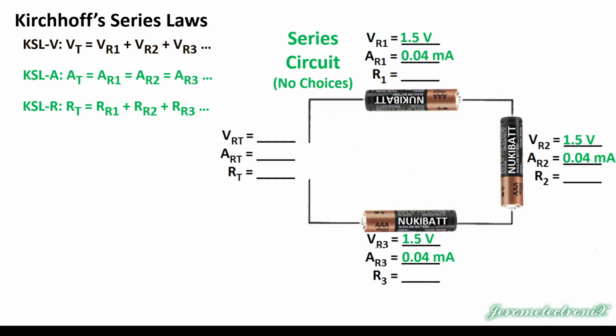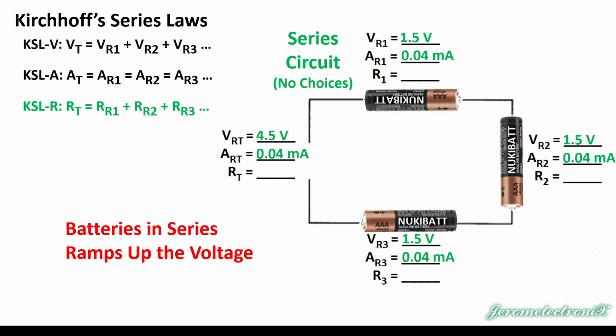And KSLV for voltage means that the voltage would be increased by adding up the voltages of each of the batteries. The amps, on the other hand, are going to always be the same in a series circuit. Components, if you know one, you know them all. That means it's going to be a 0.04 milliamp circuit. So what did we learn? Batteries in series, they ramp up the voltage. Amperage is the same. What about parallel?